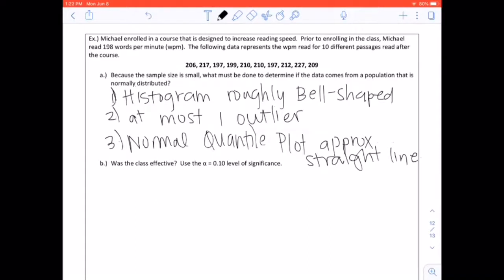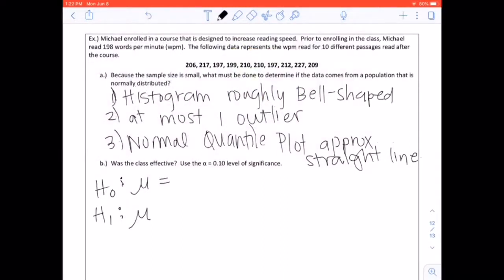Part B asks, was the class effective? Use the alpha equals 0.10 level of significance. So in order to do this test, we need to set up our null and our alternative. Since we're talking about the average words per minute read, our parameter is going to be mu, with an equal sign for our null.